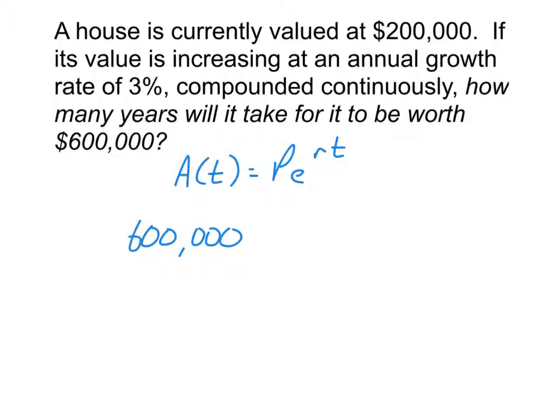And so some of you, though, I know because of that, are writing this. This is a problem. We do not do that. The reason is because when I see A of t, it represents the amount at time t. It doesn't mean the value of A times the value of t.